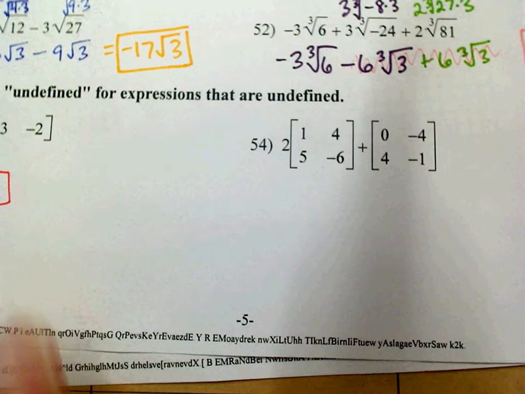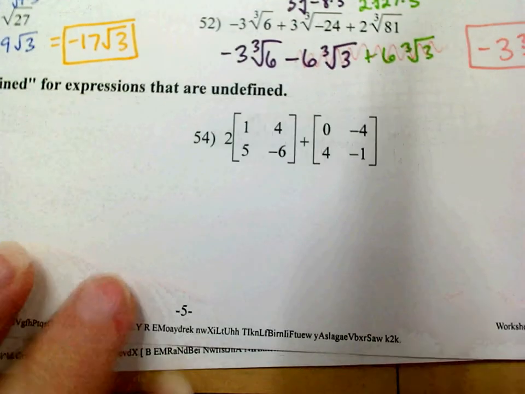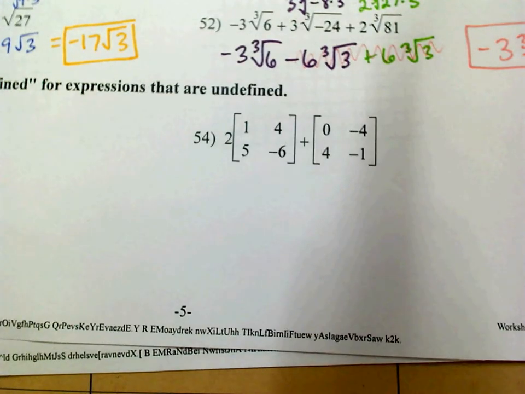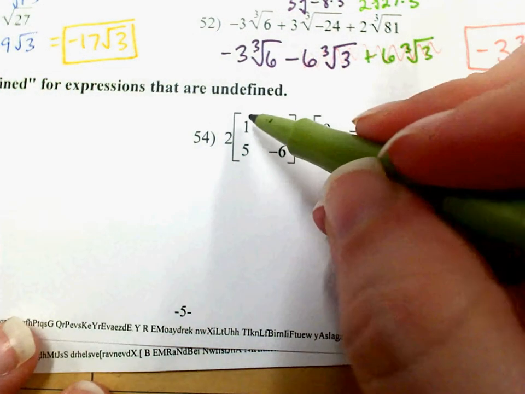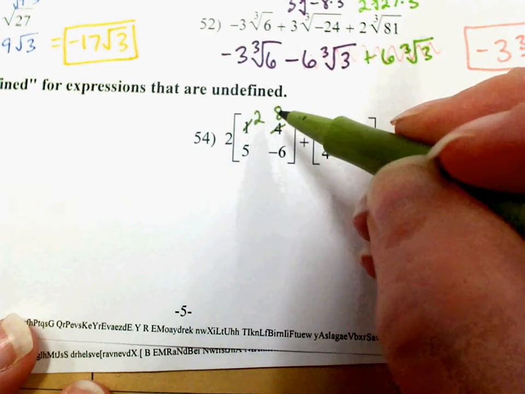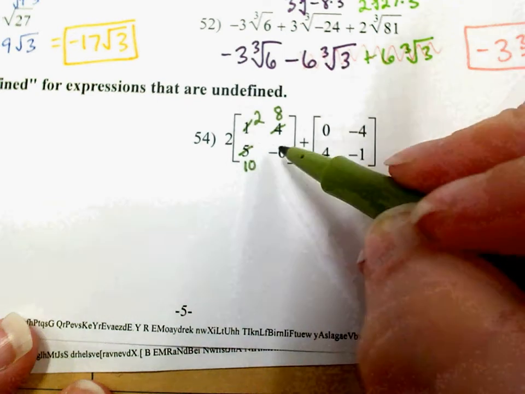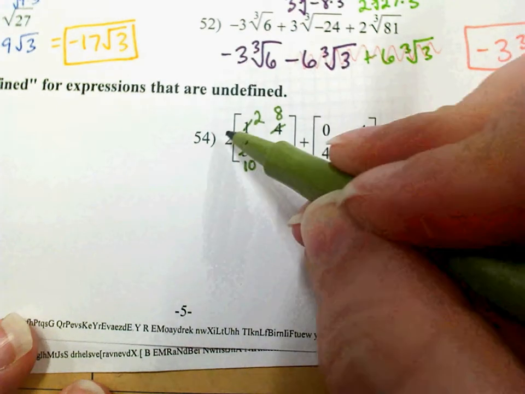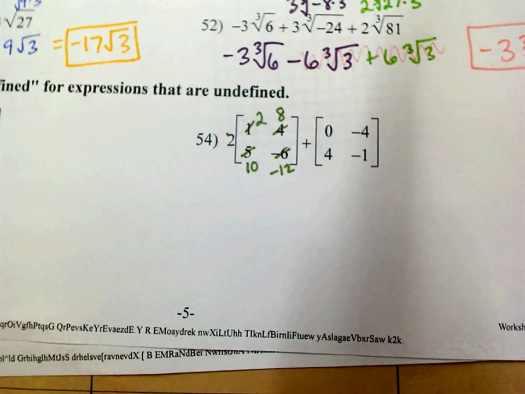Guys, I need to add these. Are they the same dimensions? What's with that 2 in the front? What does that mean? Multiply first. So that's what? That's 8. That's 10 and negative 12. So if I distribute the 2, I got those. So I'm really adding these numbers to this matrix, right?